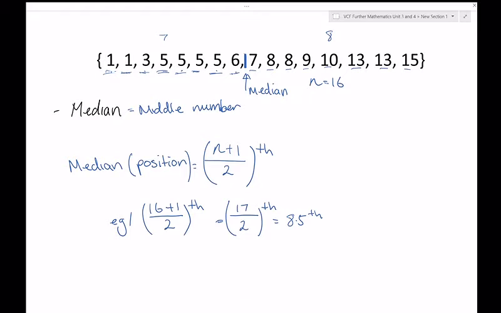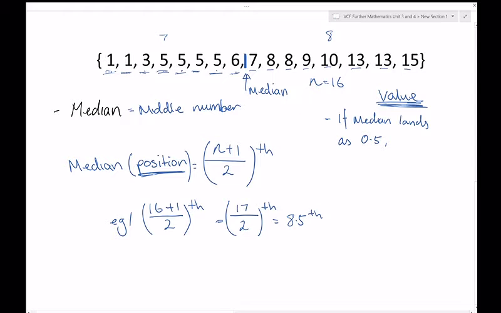Now, if the median lands at 0.5, because remember this works out the position of the median, okay? Now we want to know what the value of the median is. All we know is that the median is here, but we don't know what the value of the median is.